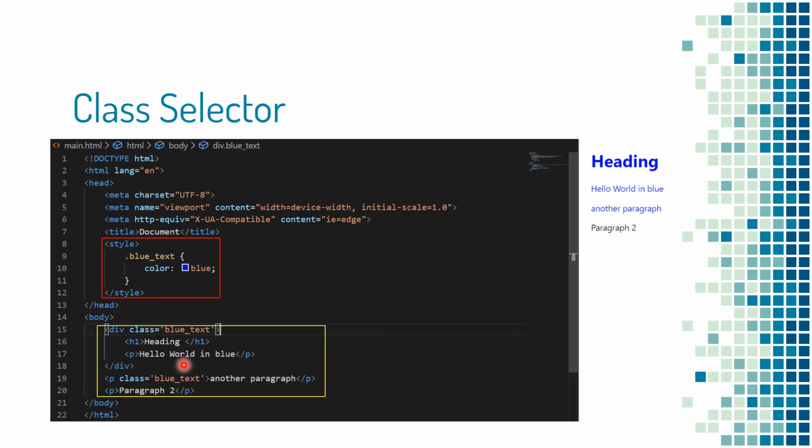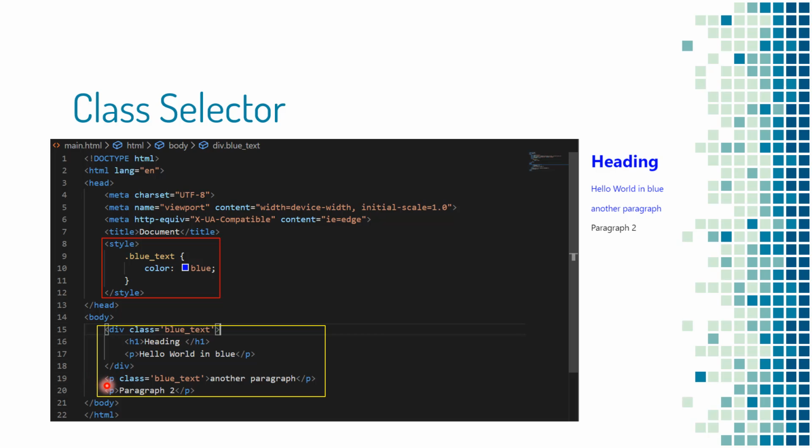So any tag that has the matching class name should have the style written here. As you can see, in the first div we applied the blue text, that's why we can see this one here.